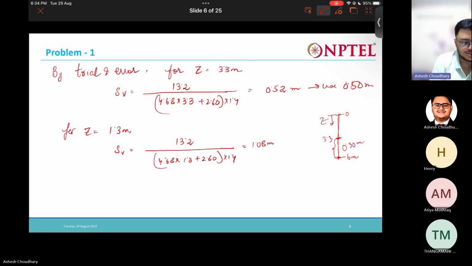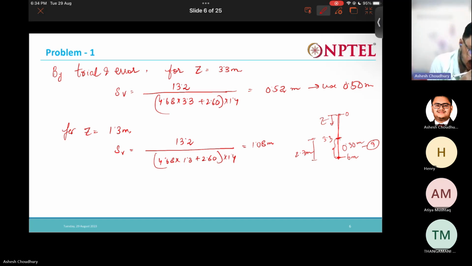So 6 minus 3.3 is 2.7, so here to here is 2.7 meters. And if you are providing a spacing of 0.3 meter, that means 9 layers.